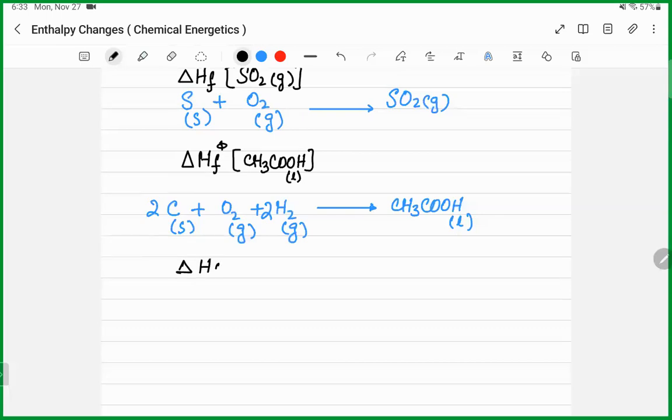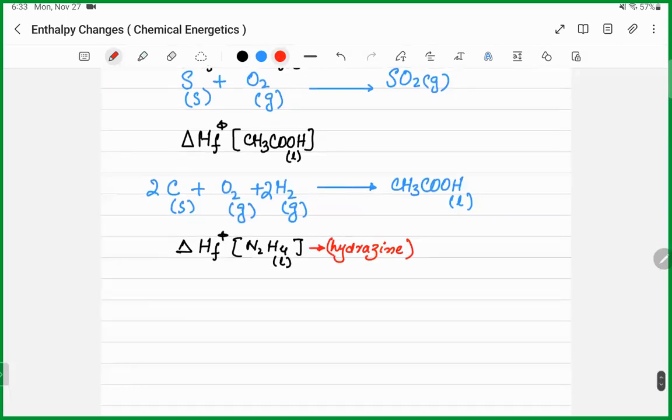Delta H formation of N2H4, and this is liquid as well. And this molecule is called hydrazine. Hydrazine, N2H4 liquid.